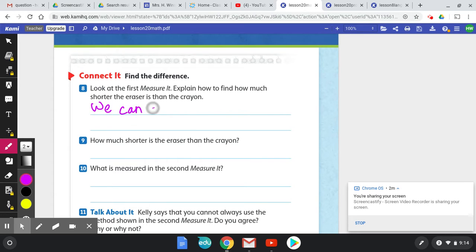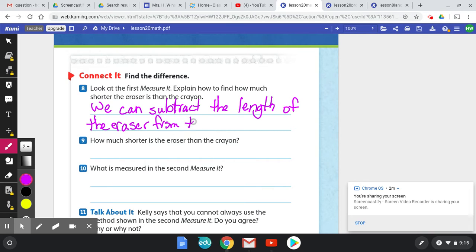We can subtract the length of the eraser from the length of the crayon.